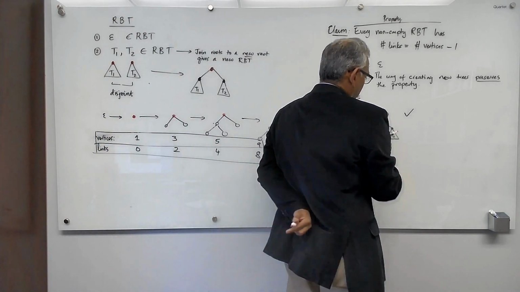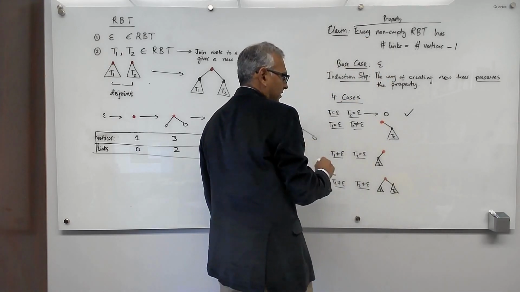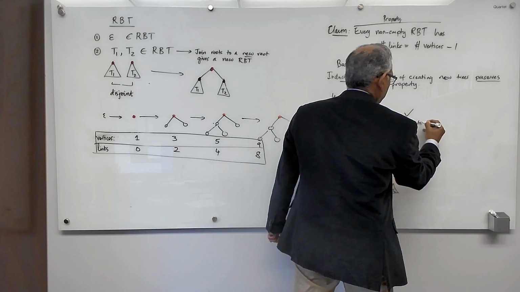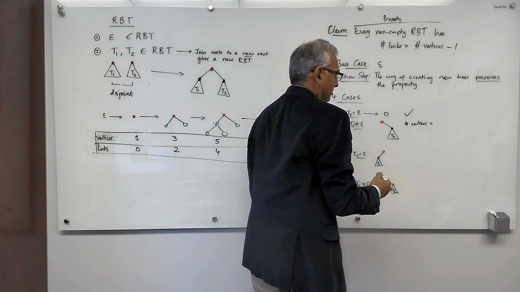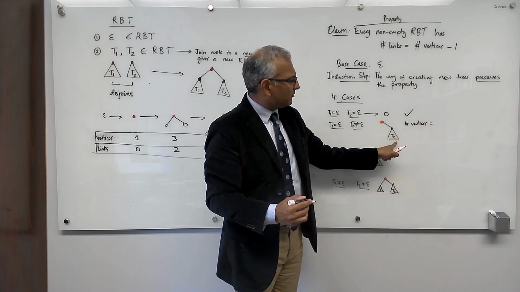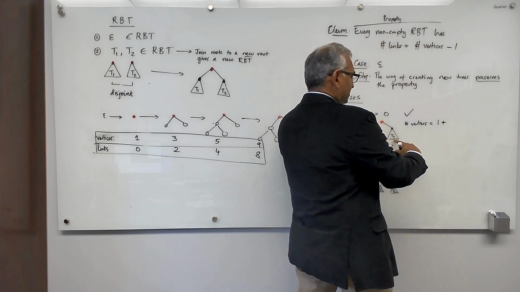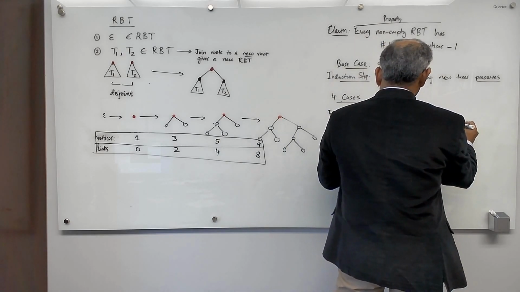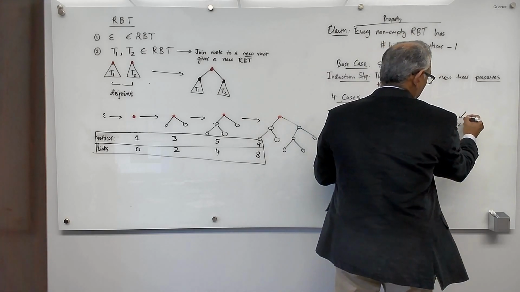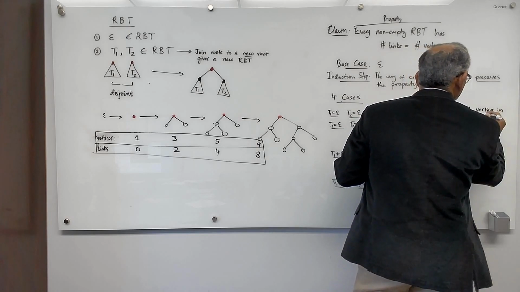So in this case, the number of vertices is equal to 1, the new vertex, plus however many vertices are in T2. So it's 1 plus N2, where N2 is the number of vertices in T2.